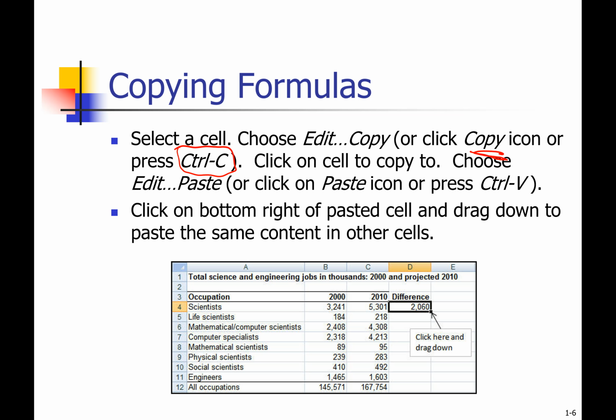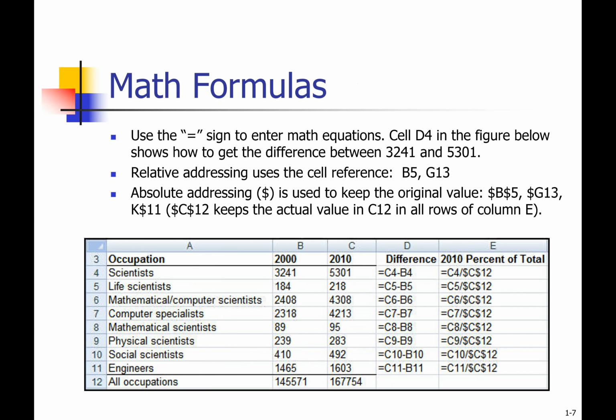Now, if you want to paste the cell, you just hit Control V right here. Control C to copy, Control V to paste. Now, if you want to enter a math formula, you always start the formula with an equal sign. Just like here, you're doing the difference.